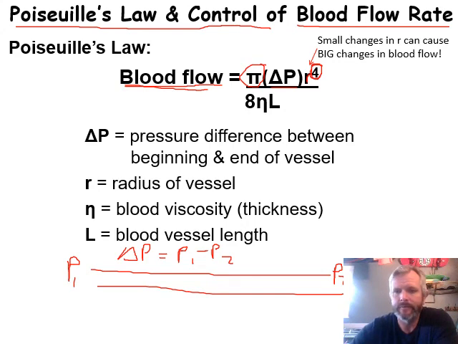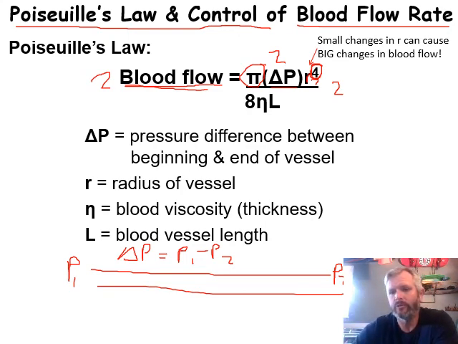Okay, so let's just say we doubled the delta P, came 2 times larger. It originally was 1 and now it's just 2. That would cause the rate of flow to be twice. But what if we made the radius 2 times larger? We went from constricted to dilated and we made the radius 2 times larger.